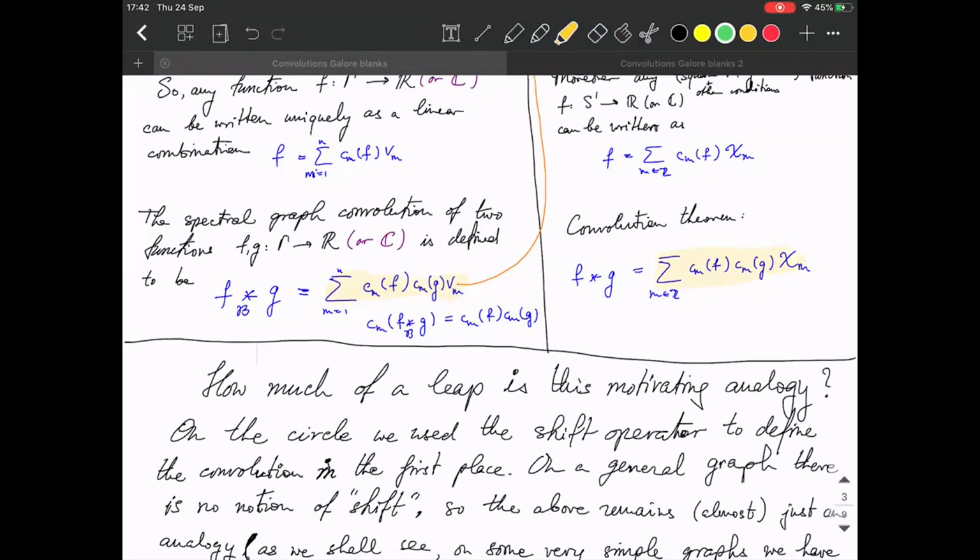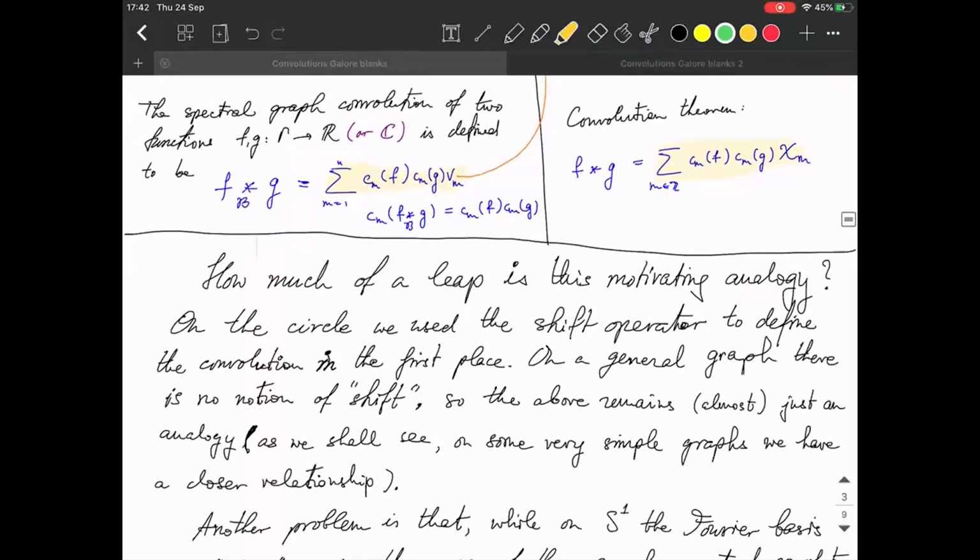But even that is not that satisfying, because there is still this dependency on the choice of basis B of eigenvectors for the graph Laplacian.